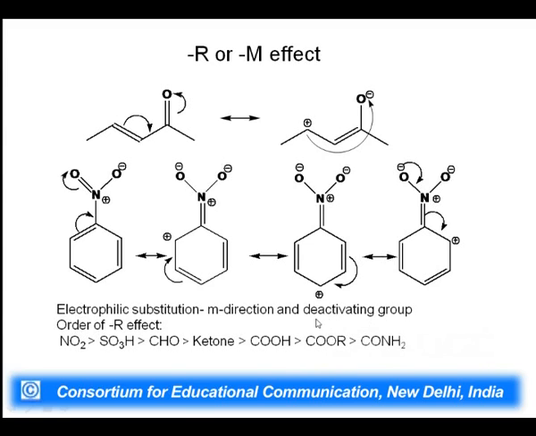Further, they are called deactivating groups because they are taking away the electrons from the ring towards themselves, and there is a positive charge in the ring, and hence the rate of reaction of the electrophile attacking the benzene is decreased when compared to a normal benzene without this nitro group. So they are called deactivating groups.